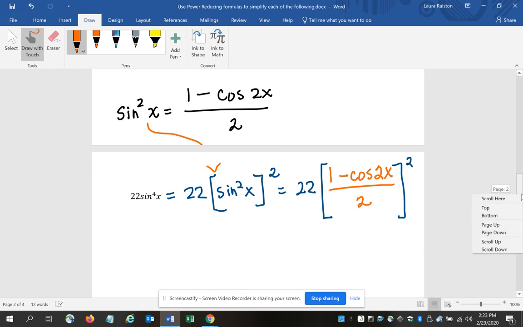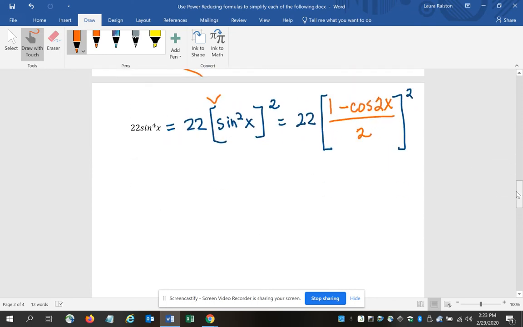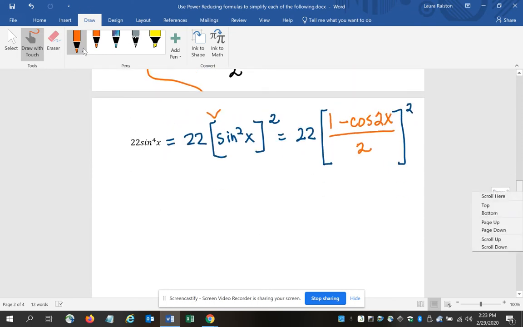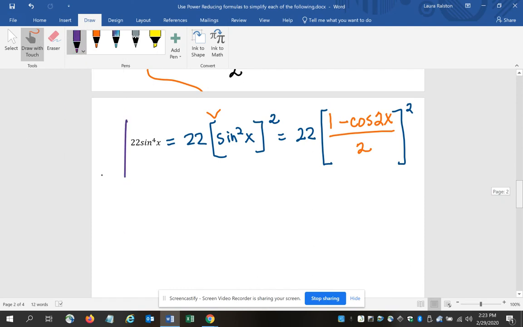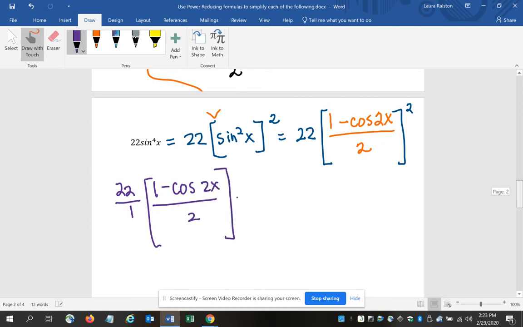And then it becomes a little bit of algebra work, okay, because then we have to, again, remember that to do that, you're going to need to do 22 over 1 times 1 minus cosine of 2x all over 2 times 1 minus cosine of 2x all over 2.